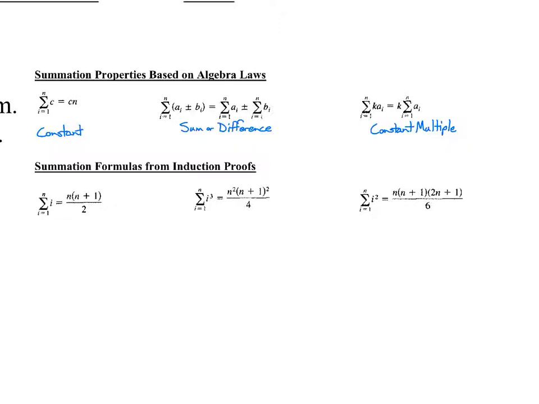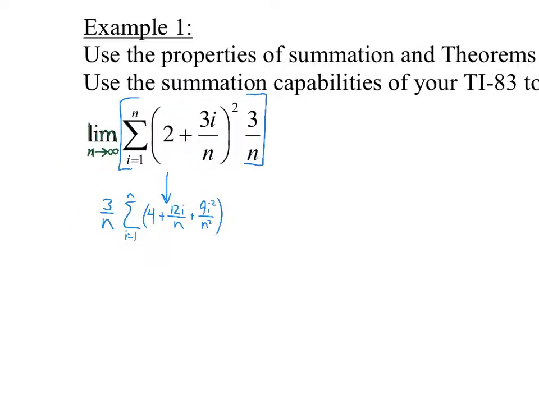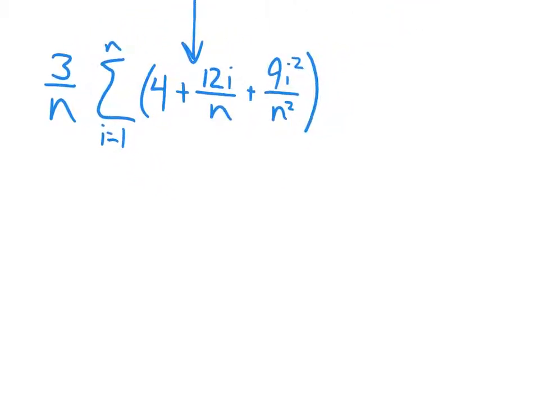Do we have i to the 4th? If we have i to the 4th, then we're kind of stuck, okay? Now, I think there are formulas for those. We're not learning those. But if you can do these, then if you had the formula available, you could figure out i to the 4th, I'm sure. So, that's going to be our goal here as we deal with these.